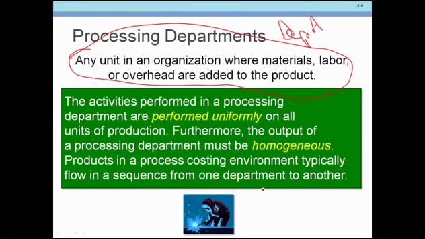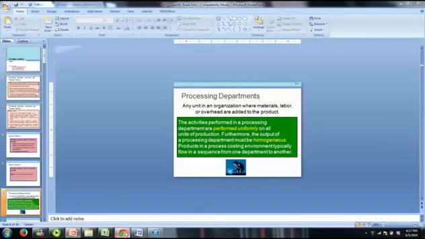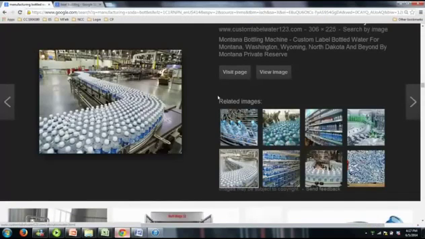Let me make up an example. Let's assume a company bottling drinking water. Maybe in one department, all they do is prepare the plastic bottle and put the sticker on it.